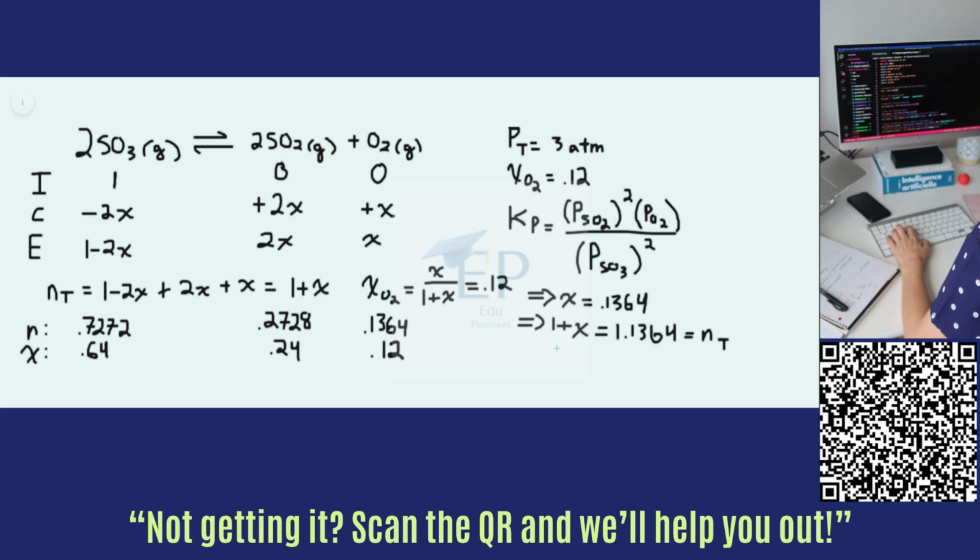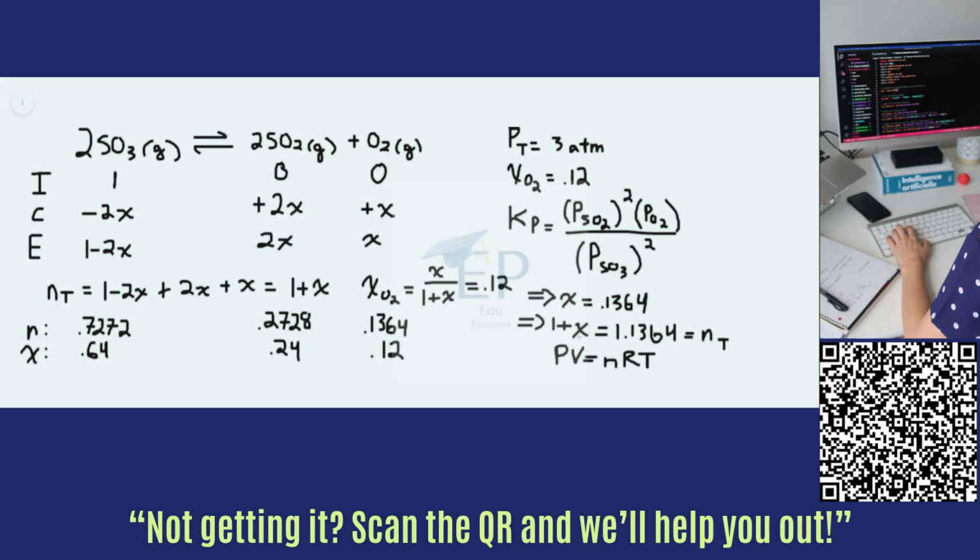Now, if we look at the equation for PV equals nRT, if I were to convert each of these values from moles to pressure, I could have done so, but I don't know this volume here.